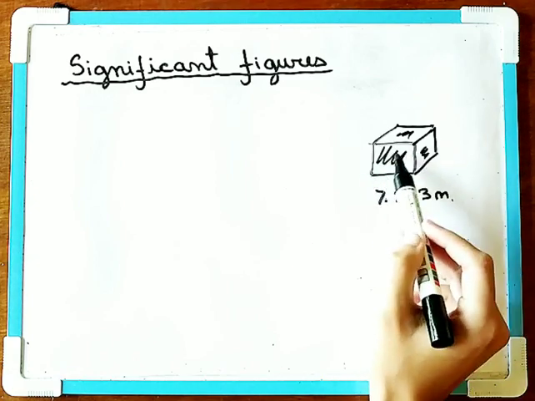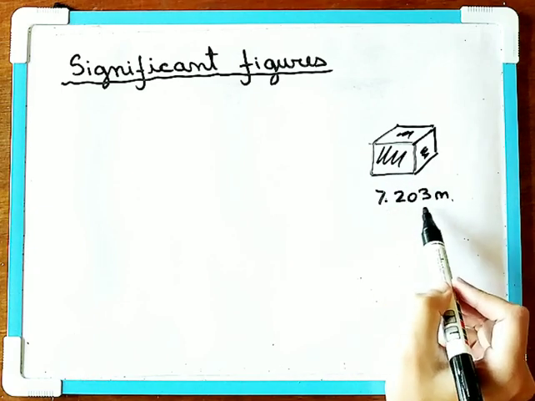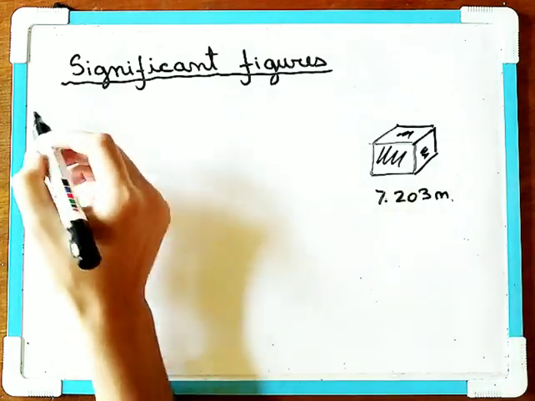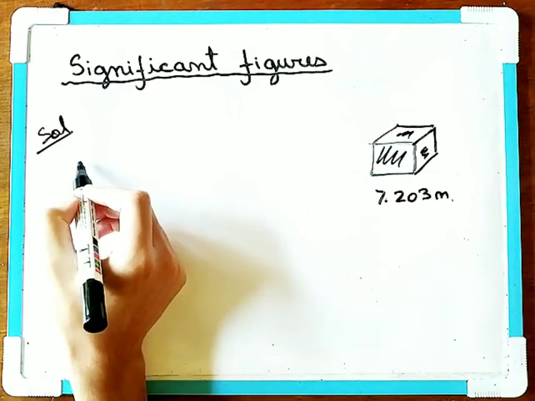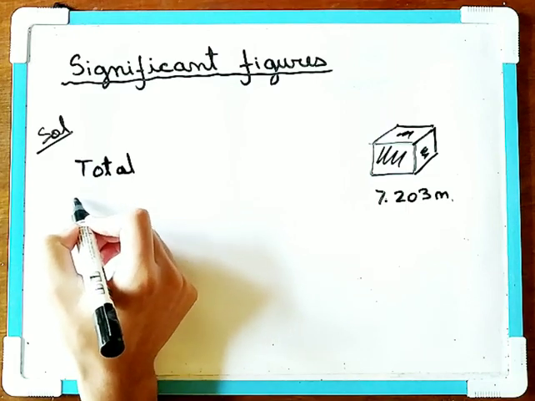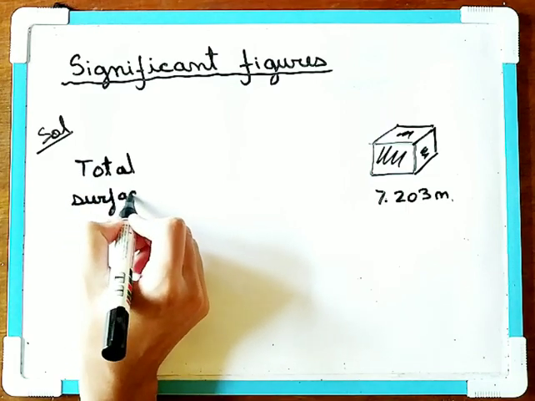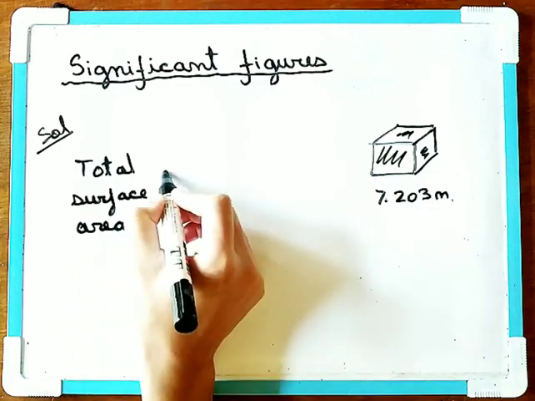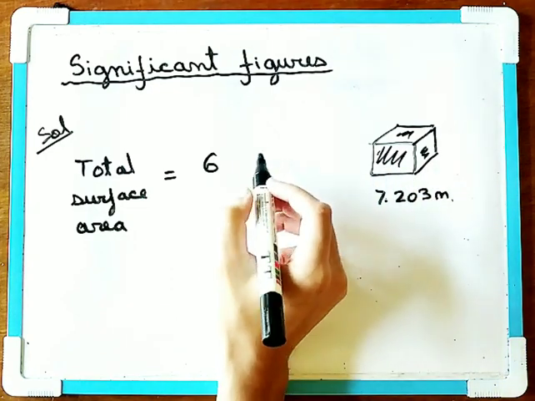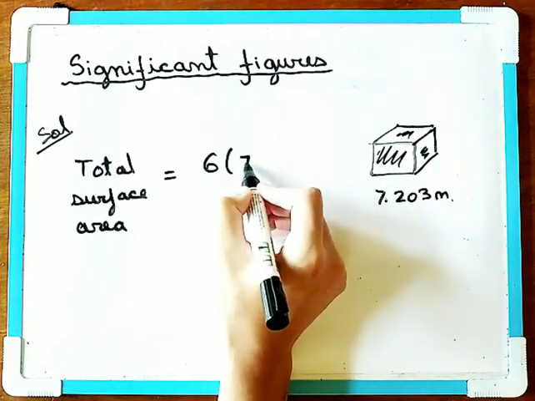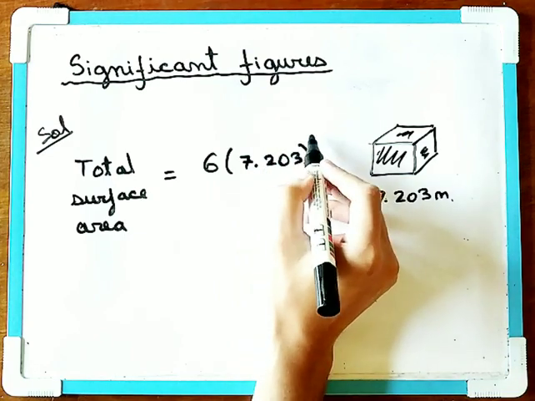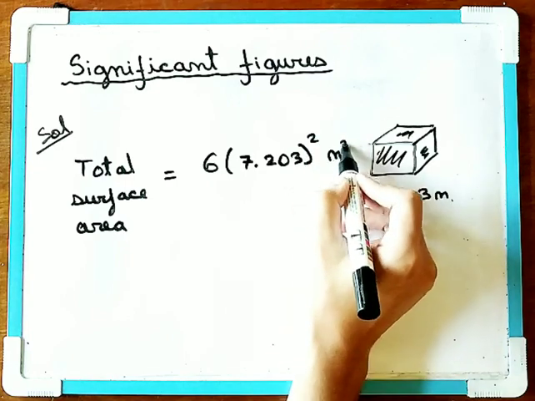This is a square, so to find the area of a square, you multiply the number by itself, or take the square of it. So the total surface area is equal to 6 times 7.203 squared, in meters squared.